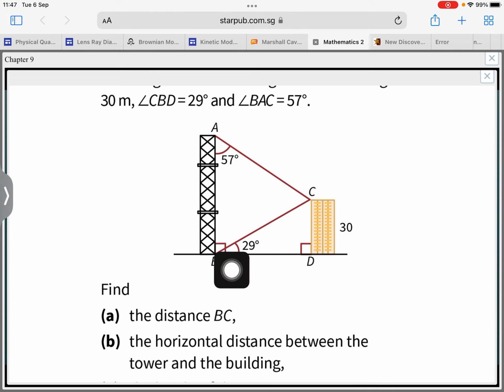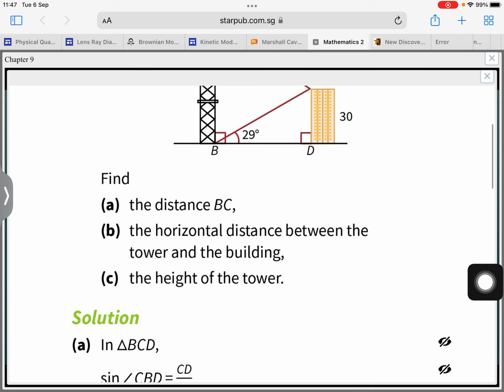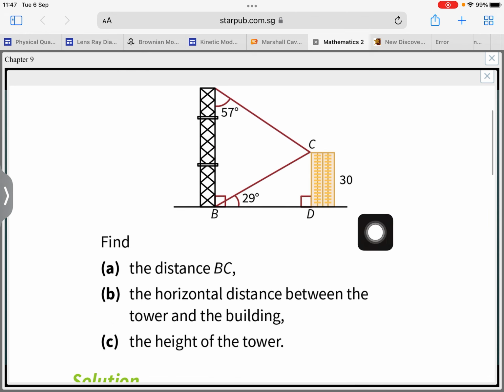Yes, actually EC is the same as BD, which is the horizontal distance between the tower and the building that I have found. Based on the angle of 33 degrees over here, this is opposite, this is adjacent. Otherwise, I can also make use of 57 degrees here, where this will be adjacent and this will be opposite. The answer should be the same.